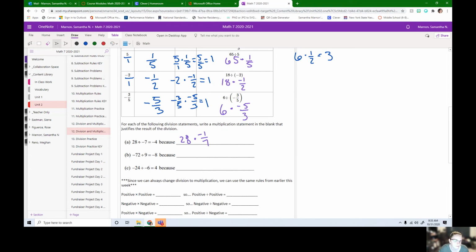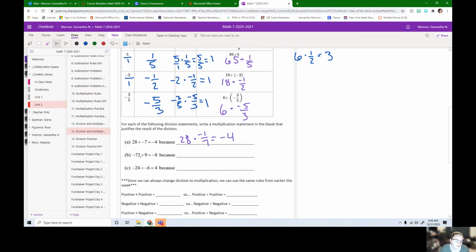I changed this division to multiplication, and then I flipped it to the multiplicative inverse, -1/7. So because I know my rules for multiplication, if I have positive times a negative, I get a negative answer. That is -4.